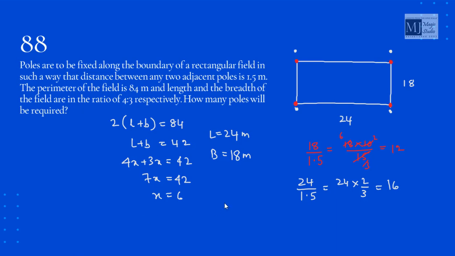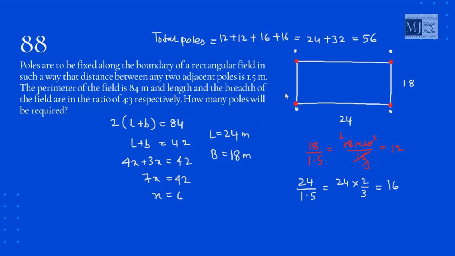So total number of poles: on the breadth 18, we have 12. 12 plus 12 plus 16 plus 16, 24 plus 32 equals 56.